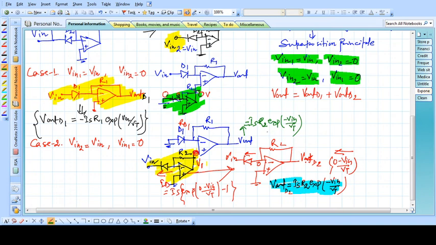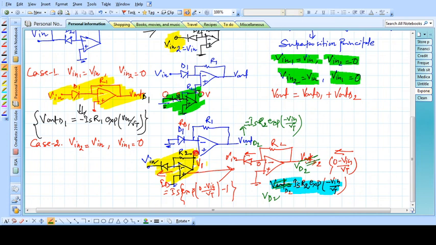Sometimes if you are getting some confusion, you can write this as VD2.